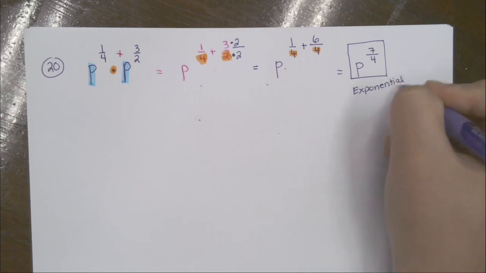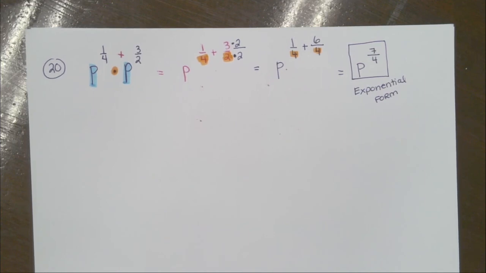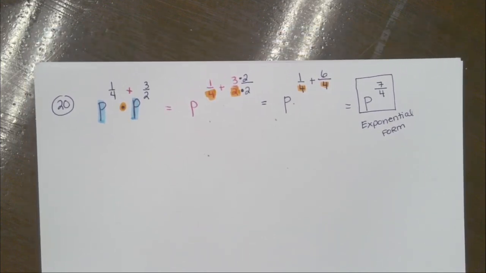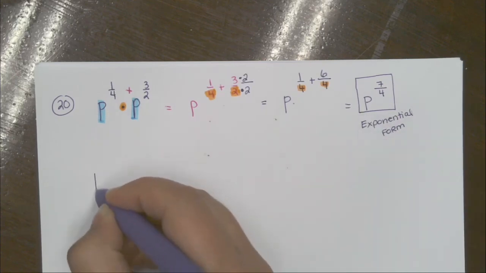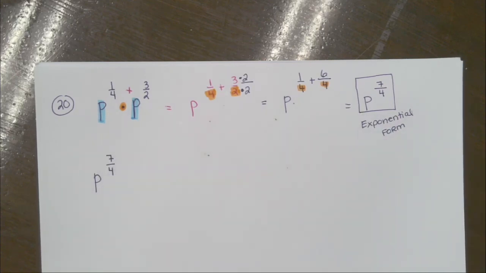I'm going to put a box around this and call it exponential form. It's not asking for exponential form. It's asking for the simplified radical form. Okay. I'm going to teach you a trick. Rewrite what you just wrote: P to the 7/4 power.